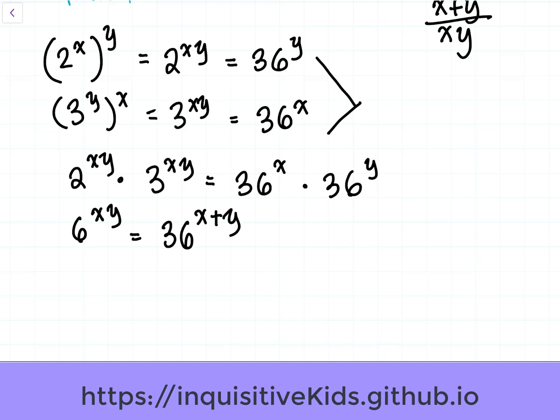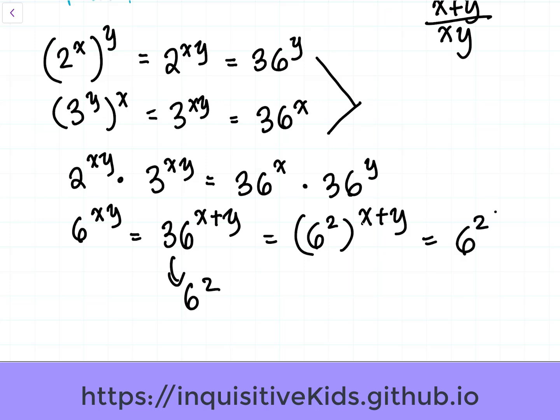Now how can we compare these two sides? Well, because 36 is equal to 6 squared, we can also write this as 6 to the second to the x plus y power, which is equal to 6 to the 2 times x plus y power.